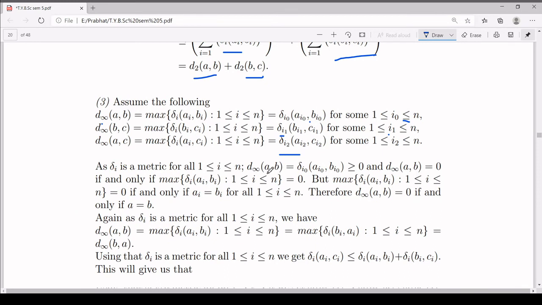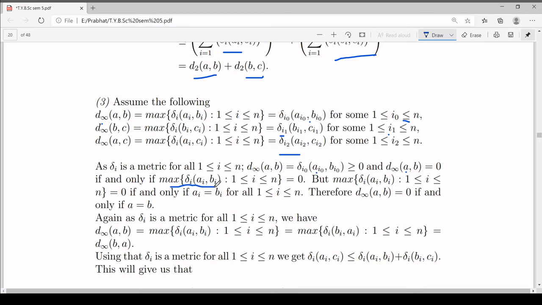So d infinity of AB is equal to delta_i0(a_i0, b_i0), and delta_i0 is a metric, so it is obviously greater than or equal to 0. And d infinity of AB is equal to 0 if and only if delta_i0(a_i0, b_i0) is 0, and that will prove that a_i0 is equal to b_i0. But what was delta_i0(a_i0, b_i0)? It was the maximum of delta_i(a_i, b_i).